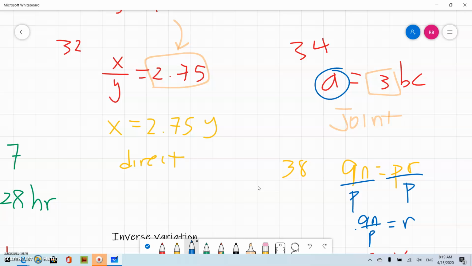If I would say it in words, it would be r varies directly as n, and inversely as p. Okay, so even if you divide it by r instead, you can still say this is combined, k being 9.